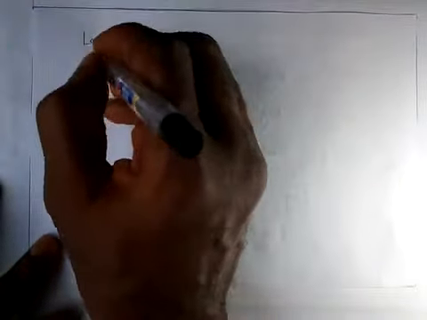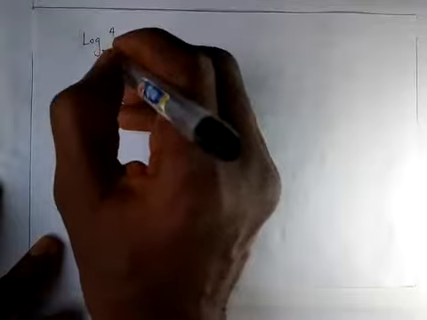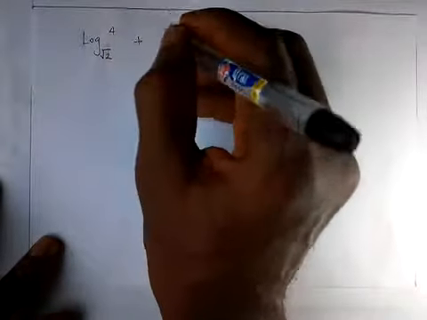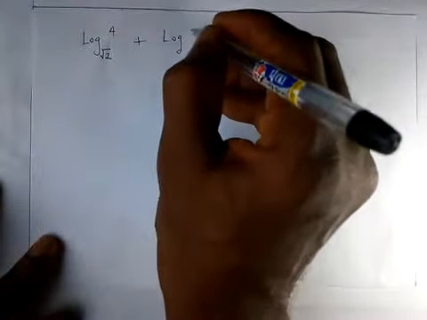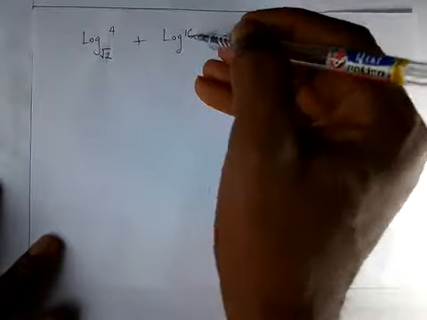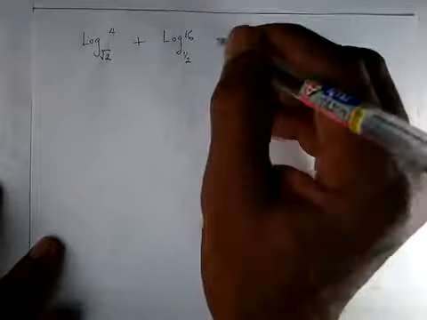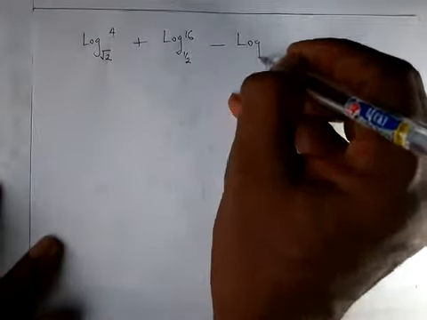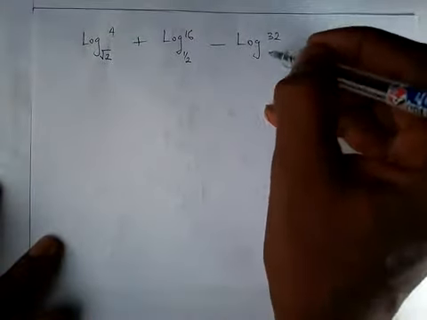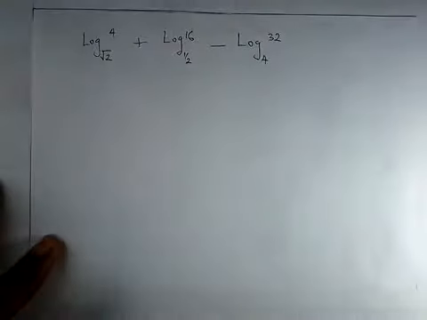There are more questions I want to take, but I'm looking at my time right now. Let's see. Evaluate log 4 to this base plus log 16 to base 1 over 2, minus log 32 to base 4.